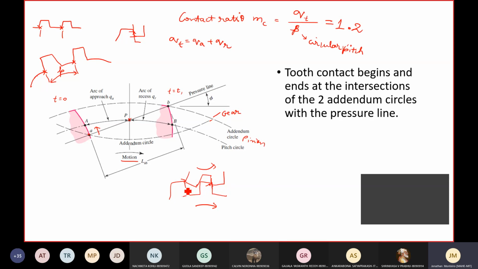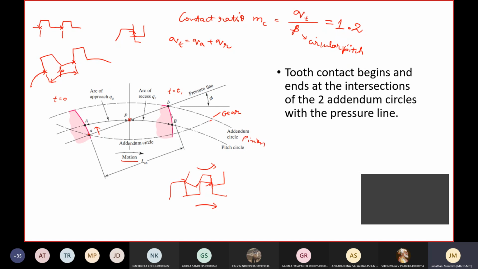The other set has already come in and started engaging. So this is what we want, rather than simply one pair having the entire load at any given moment of time. Though our design for every tooth will be for a single tooth, practically speaking, we would like to design a gear in such a way that the contact ratio remains more than 1.